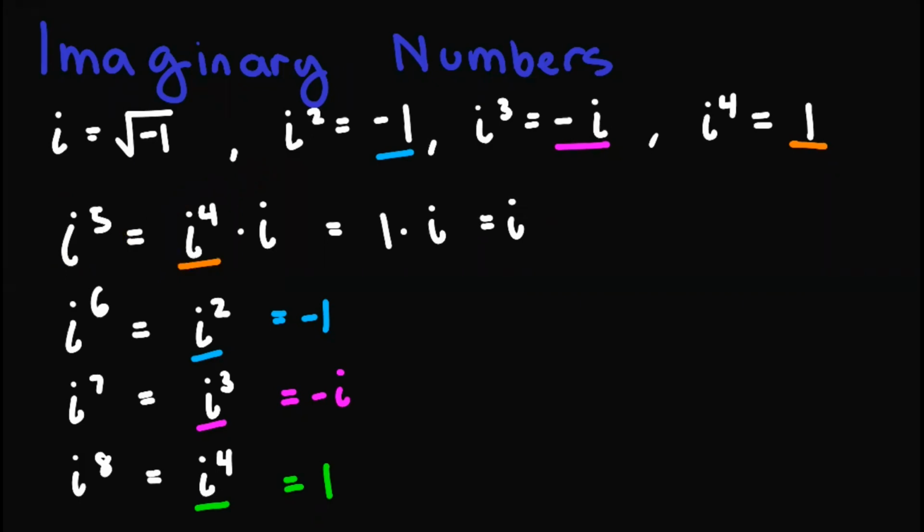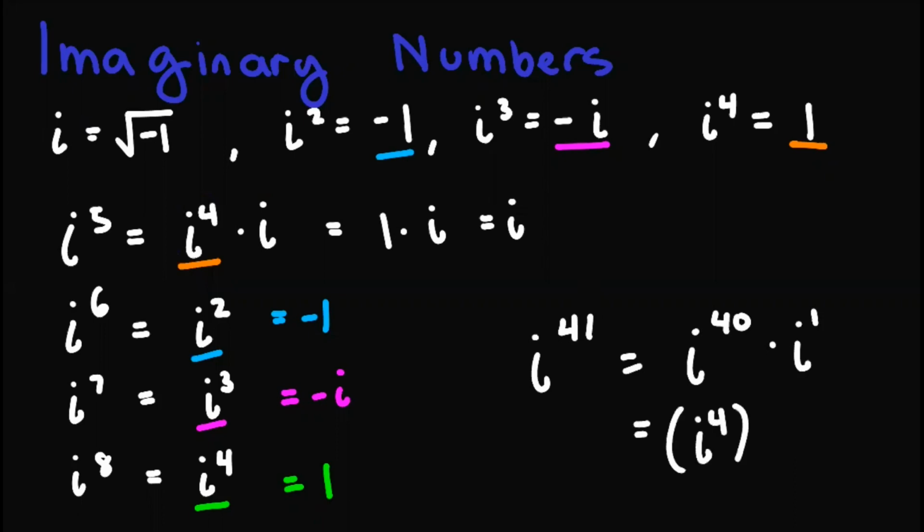So if we have a large number, say i raised to 41, then note that we can write this one as i raised to 40 times i raised to 1. And i raised to 40 can be written as i raised to 4 raised to 10 by laws of exponents.